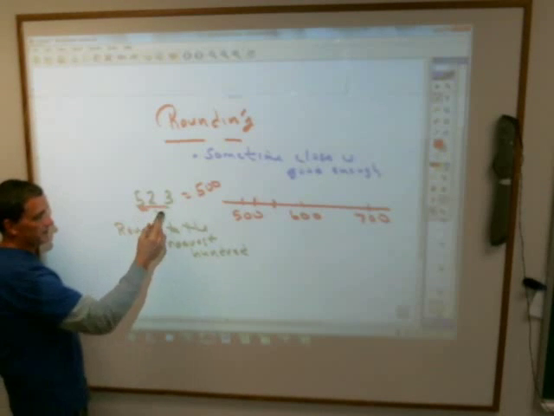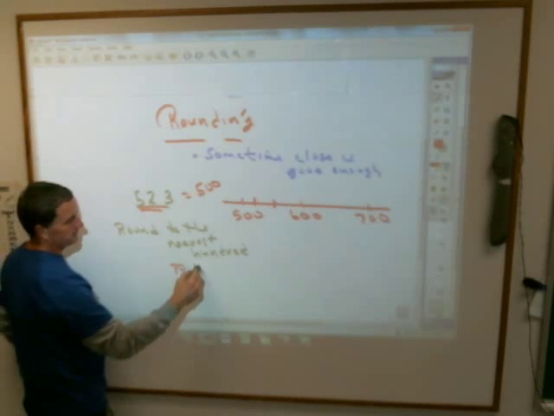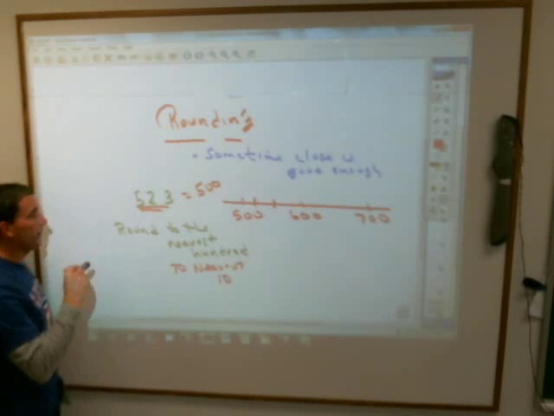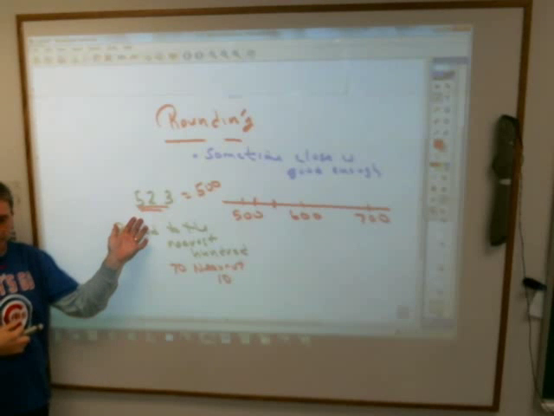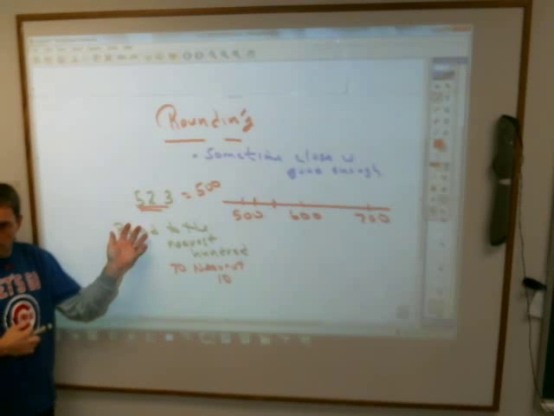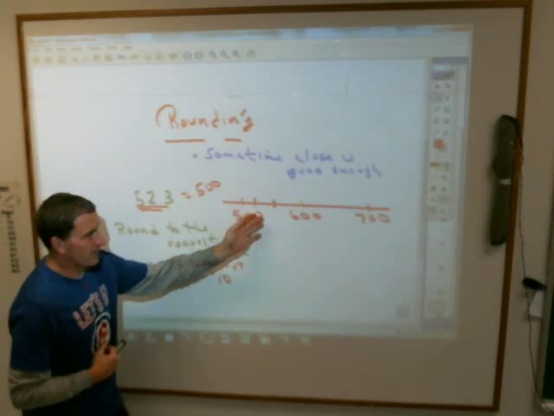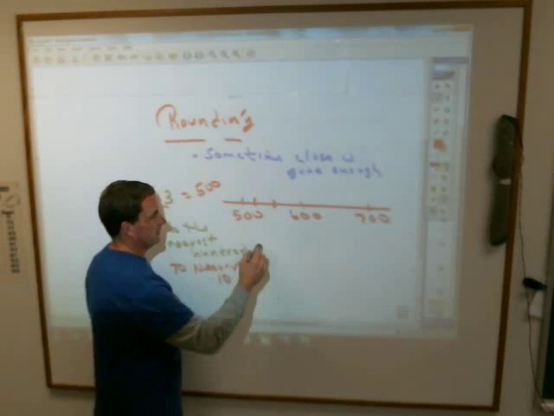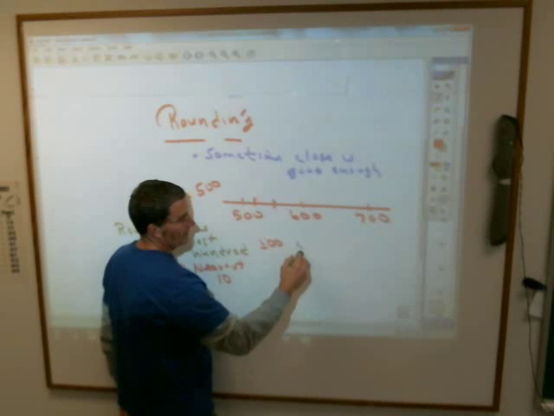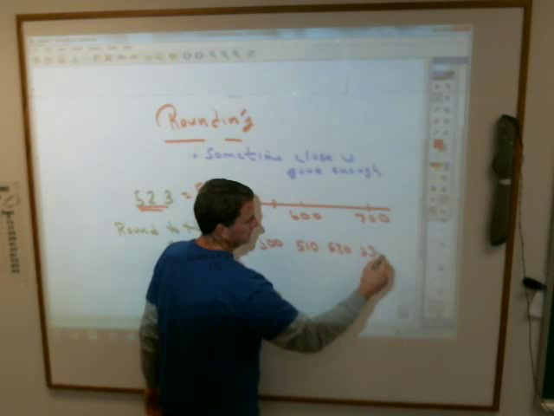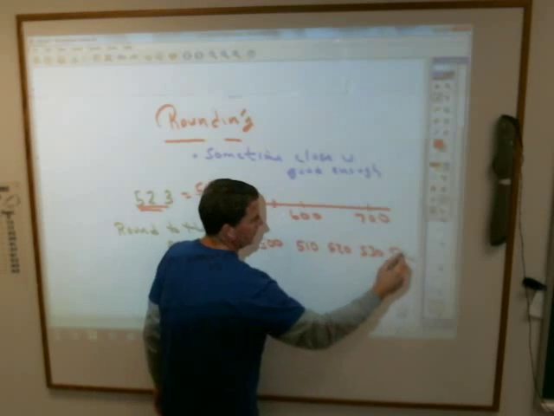What if I was rounding this same number to the nearest 10? Well, if you're counting by tens, what numbers would you count by? Instead of counting by hundreds, 500, 600, 700, you could have 500, 510, 520, 530, 540, and all those.